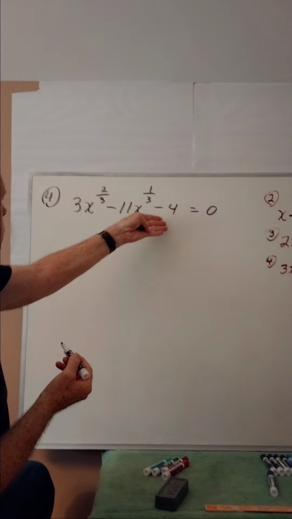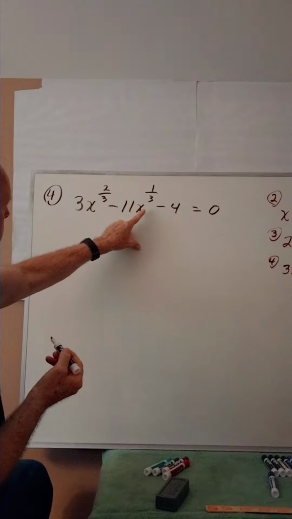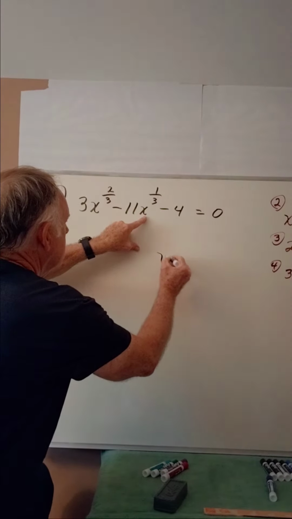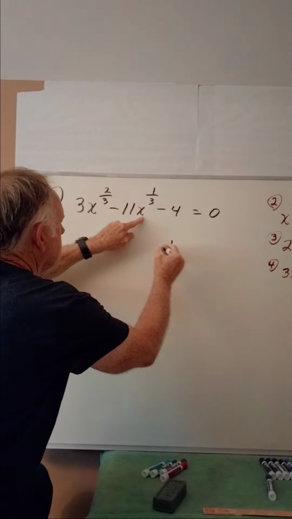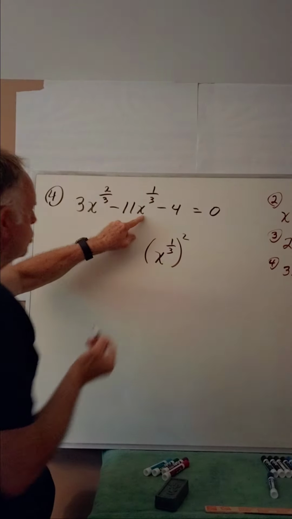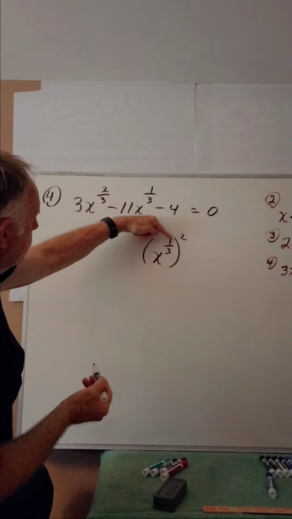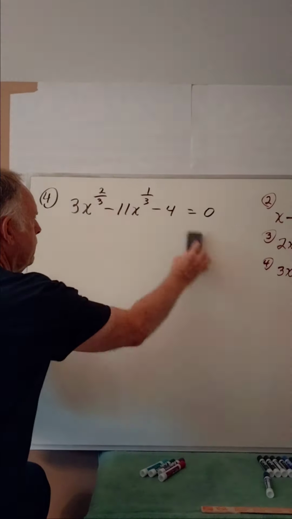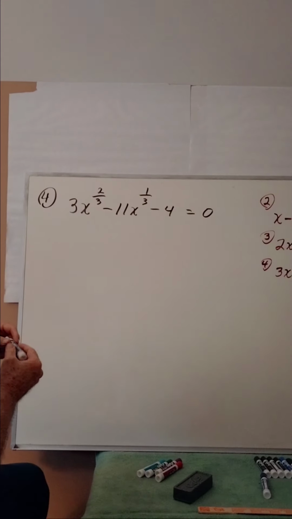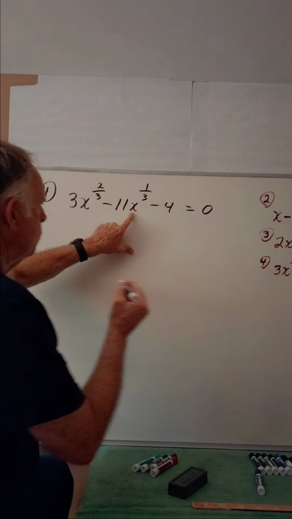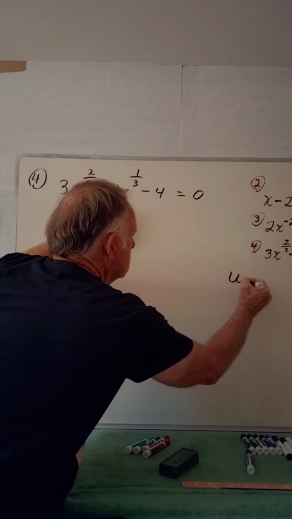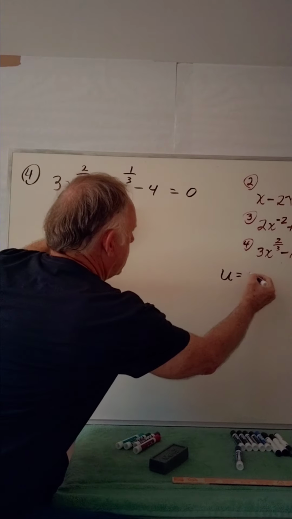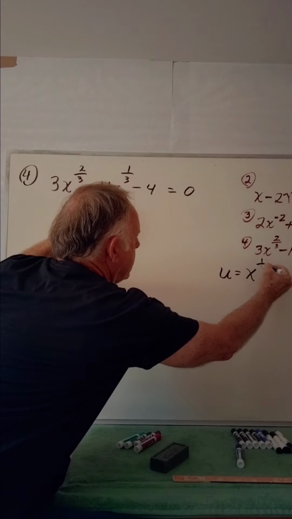Constant term, trinomial. If we take the variable part of the middle term and square it, you multiply those exponents and you're going to get that 2/3. So everything fits to make it quadratic. We're going to let u be equal to the variable factor of the middle term, x to the 1/3.